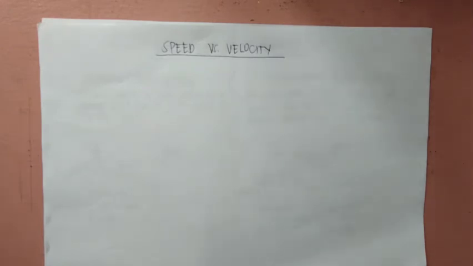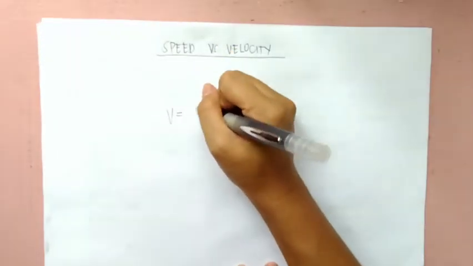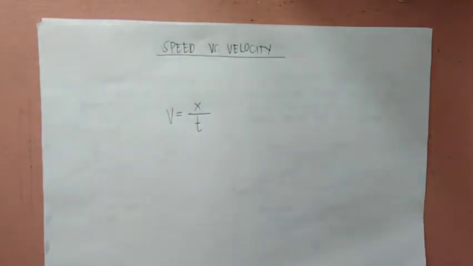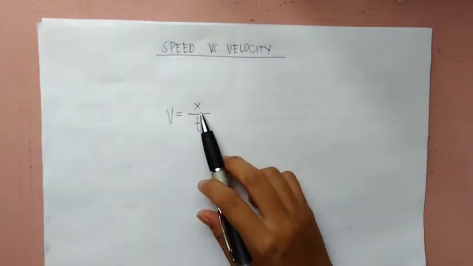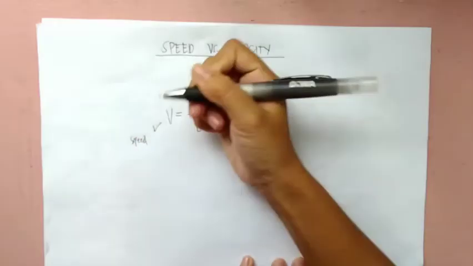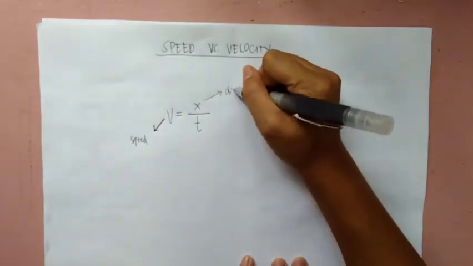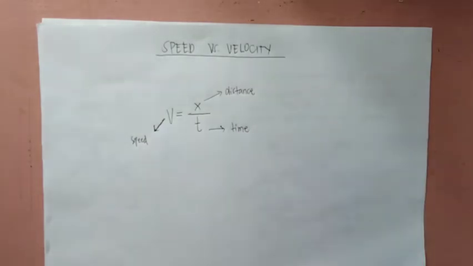The equation generally is presented as v equals x over t. Depending on the quantity that you are referring to, if you are referring to speed, then v is speed, x is distance, and t is time. That is for speed.